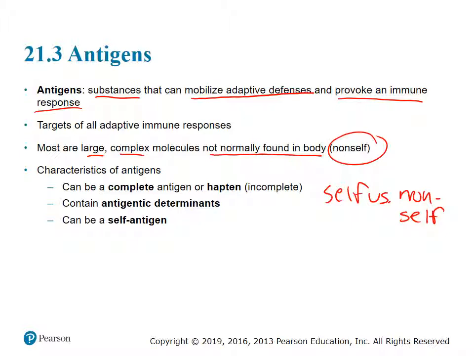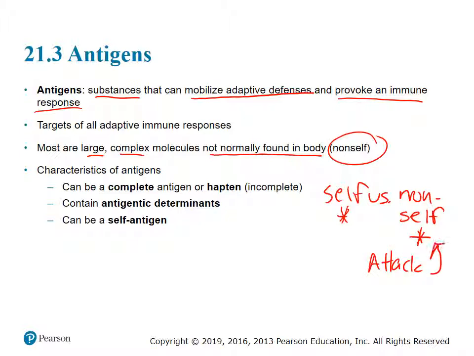The immune system cells of our own body patrol areas in our body and run into our normal tissues and cells frequently. And if they recognize our cell as being self, they leave that cell alone. If they recognize a cell, because of the receptors on its surface, as non-self, then they elicit an attack.